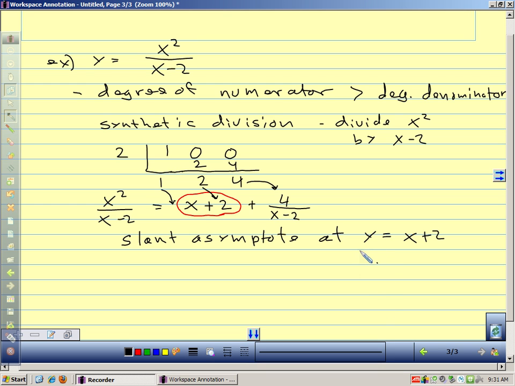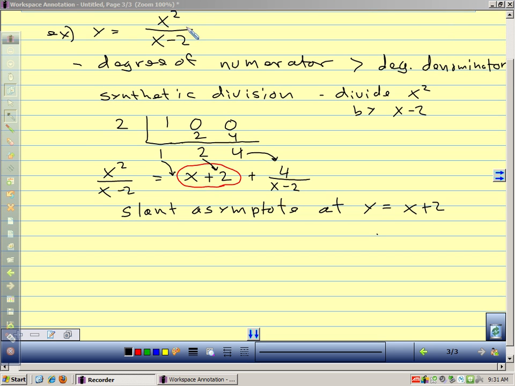So now we can do the rest of our analysis on this. We'll just look at this, because once we get our asymptote, we don't need to worry about this anymore. These functions are the same, so we can just work with this like we did in our last problem. So let's find our intercepts.